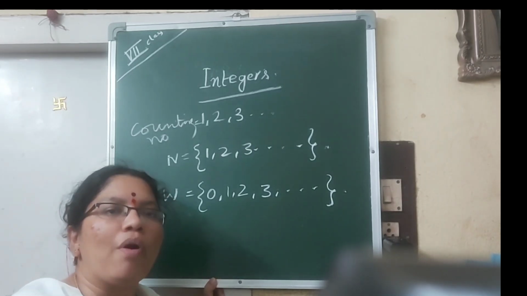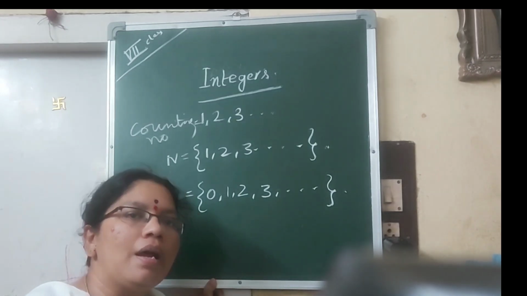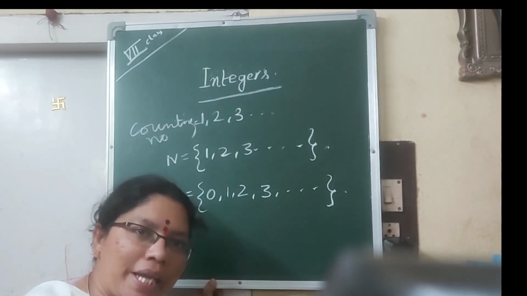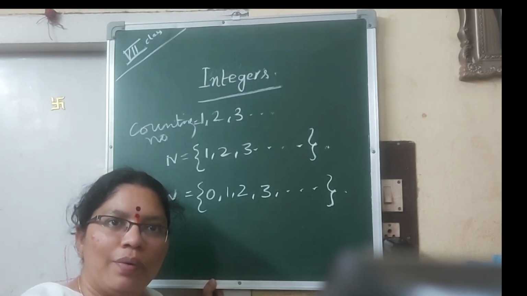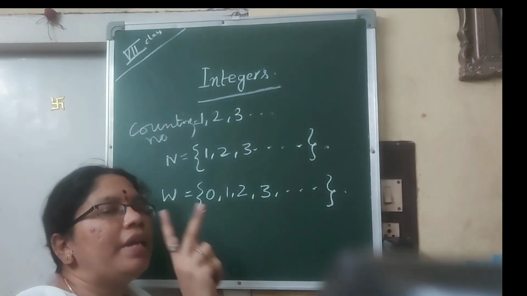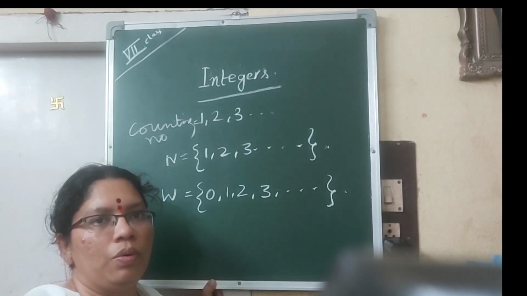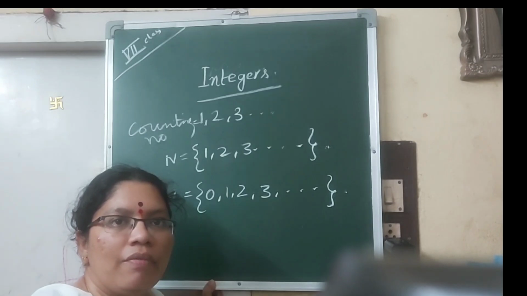If we have profit and loss, there are two situations: a profit of 100 rupees and a loss of 100 rupees. Can we represent both with 100? No, we cannot.